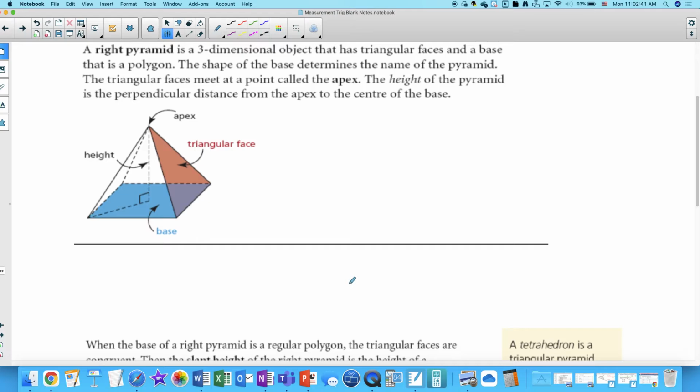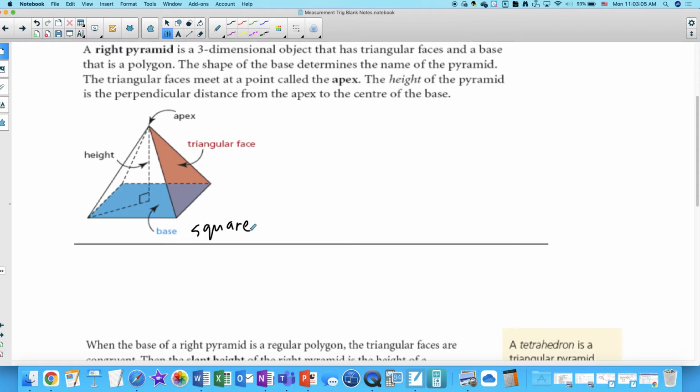A right pyramid is a 3D object that has triangular faces and a base that's a polygon. So these are actually named after their polygonal bases. So this one would be a square pyramid. The shape of the base determines the name, so we just talked about that.